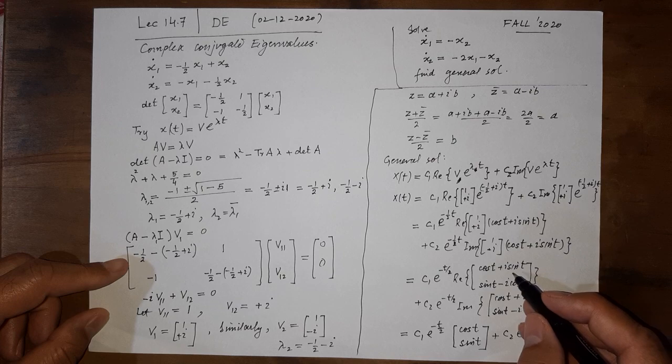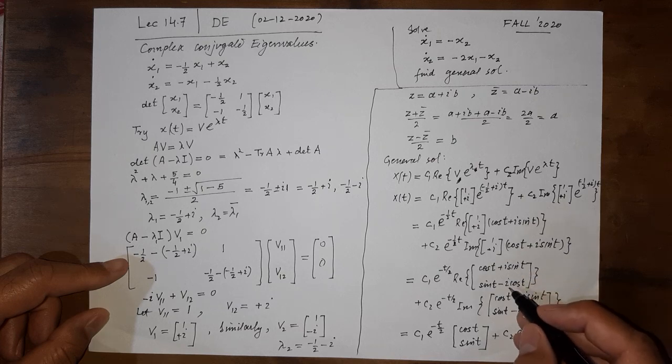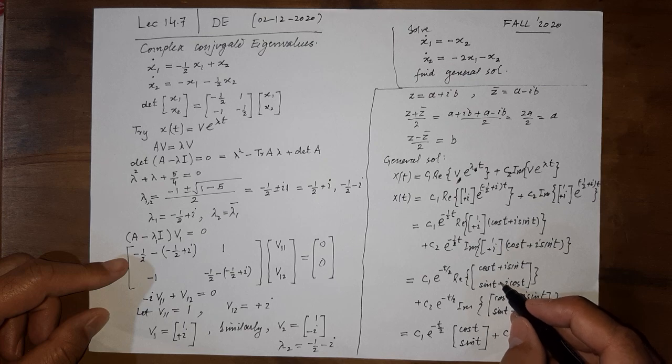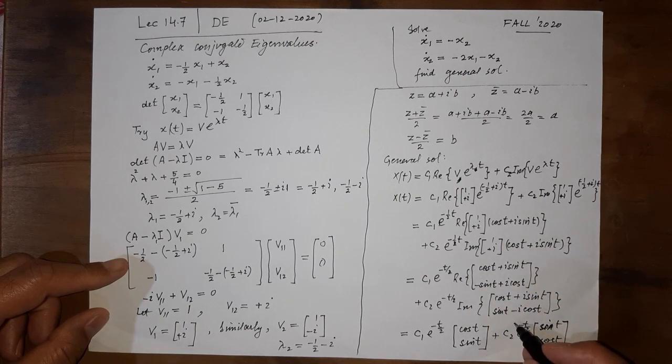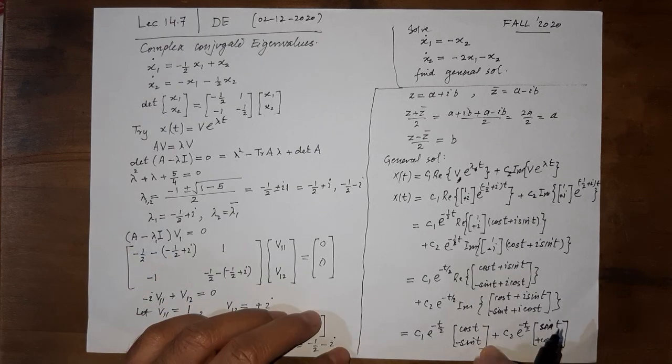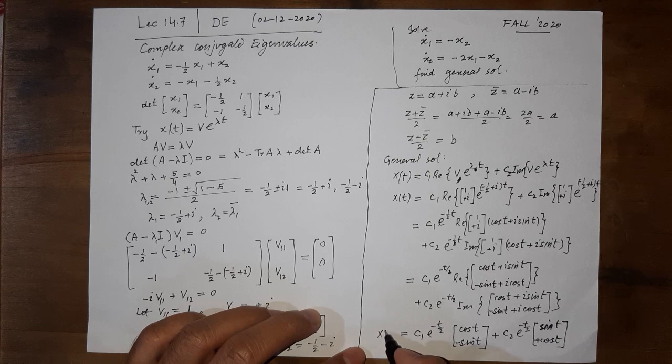And because this is plus iota, we are going to get iota cos t and minus sin t, so we are going to get a minus sin t here and a plus cos t here. So this would be the form of the general solution.